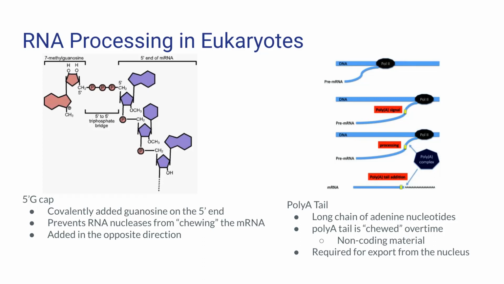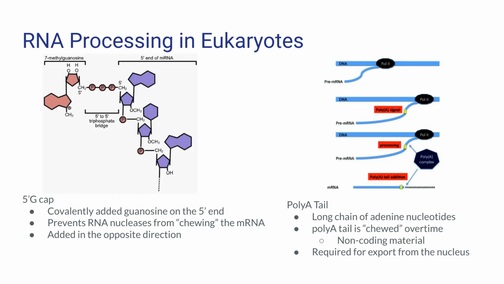And the poly A tail is added in the opposite direction, on the 3' end of the mRNA. This doesn't really prevent the chewing, but it creates a buffer so that if a nuclease is chewing the end of the mRNA, it's not getting to the actual coding material.